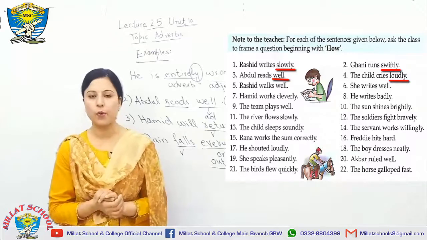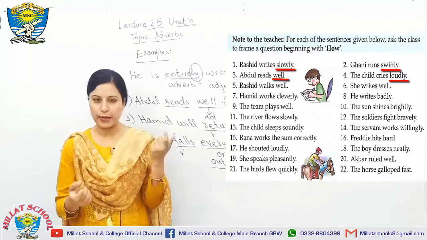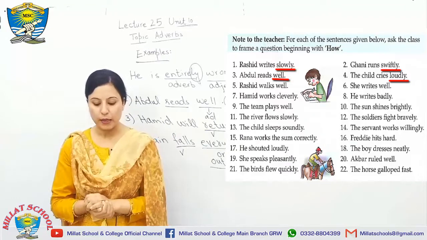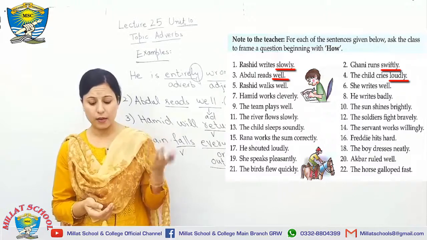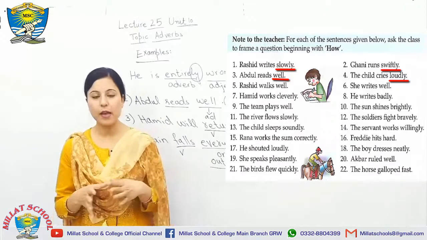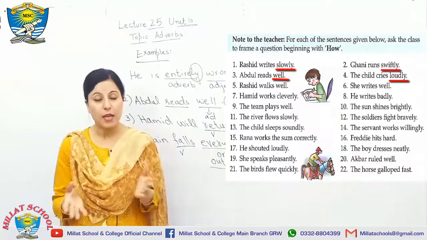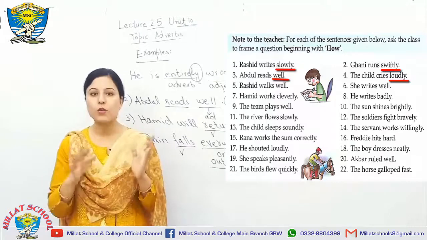Okay, if I make a question for you, for example, if I pick one example from your book, Ghani runs swiftly. So if I ask you, how does Ghani run? I have used the word how here. That tells us about the answer that Ghani runs swiftly.